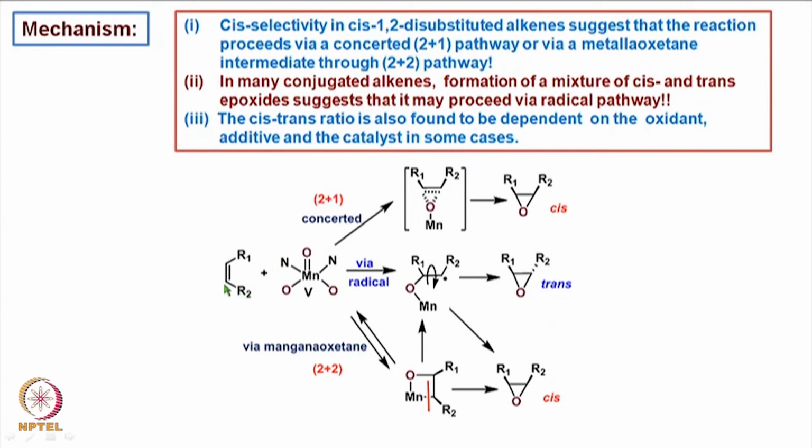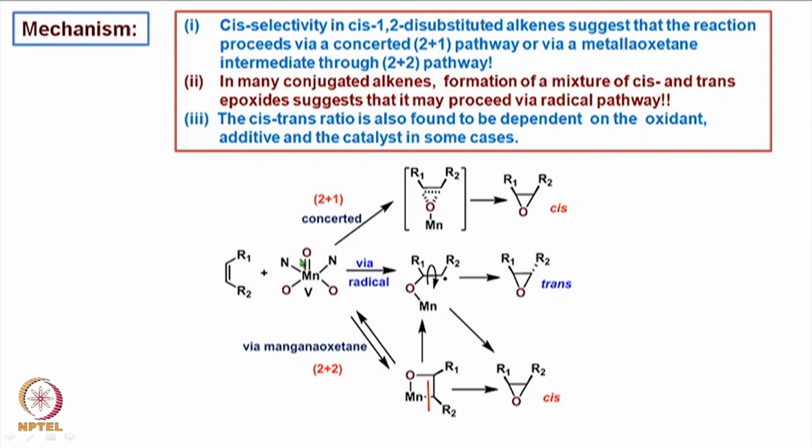For example, if this olefin comes in contact with this manganese 5 oxo complex, then there is a possibility of a 2+1 cycloaddition leading to this particular transition state, which then releases the cis epoxide and of course the manganese 3 complex for further oxidation. Alternatively, they have suggested that the reaction might proceed via a manganoxetane intermediate through a 2+2 pathway.